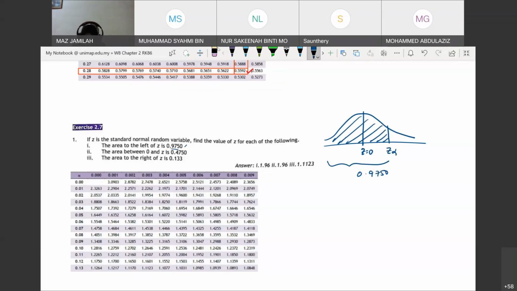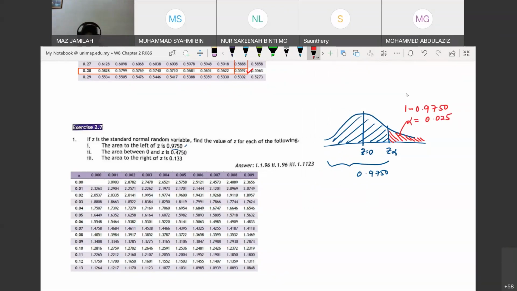In order to use the upper tail, we use this particular region. To find that region, we know the whole probability is 1 minus the probability of the shaded area, 0.9750. You will get alpha equal to 0.025.